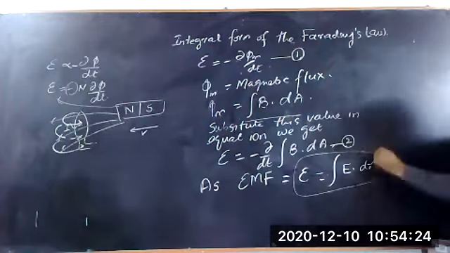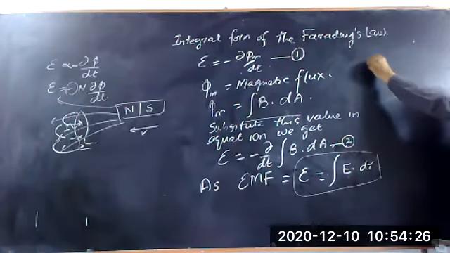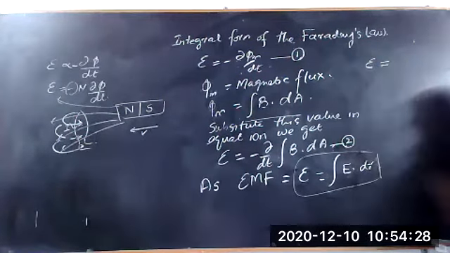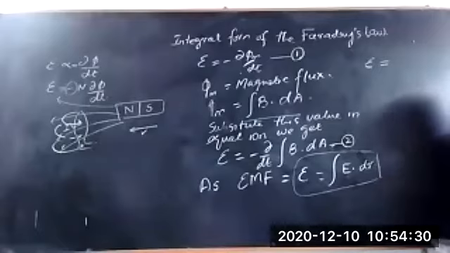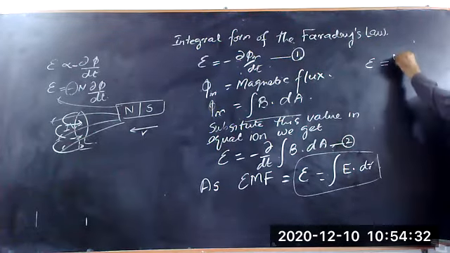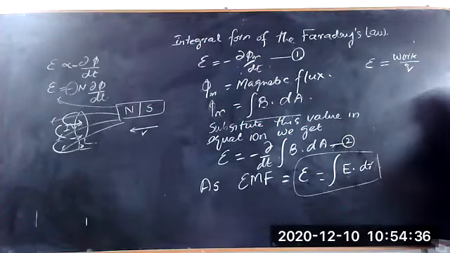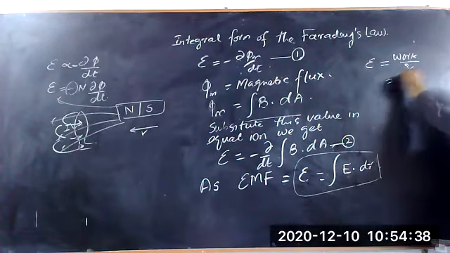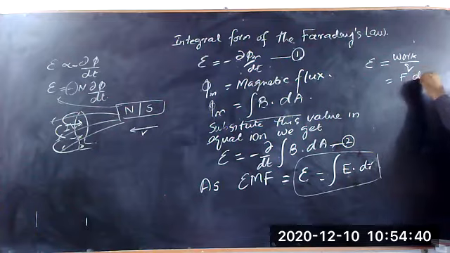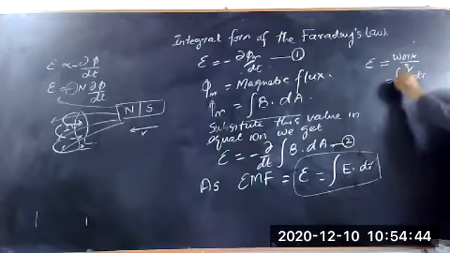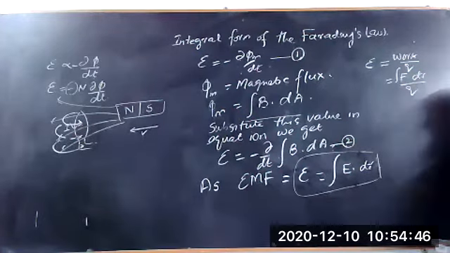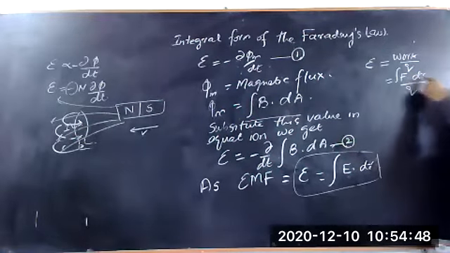You know that the EMF E, or potential difference, is equal to work done per unit charge, and work is equal to force into displacement. The integral over dr gives the total displacement.